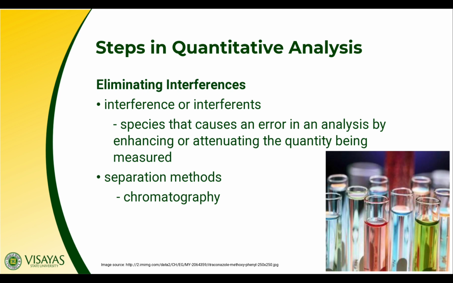This interference will result in a bias or a very erroneous result in your chemical analysis. To eliminate interferences, we most likely employ separation methods, and the most commonly used would be chromatography or any form of chromatographic methods.